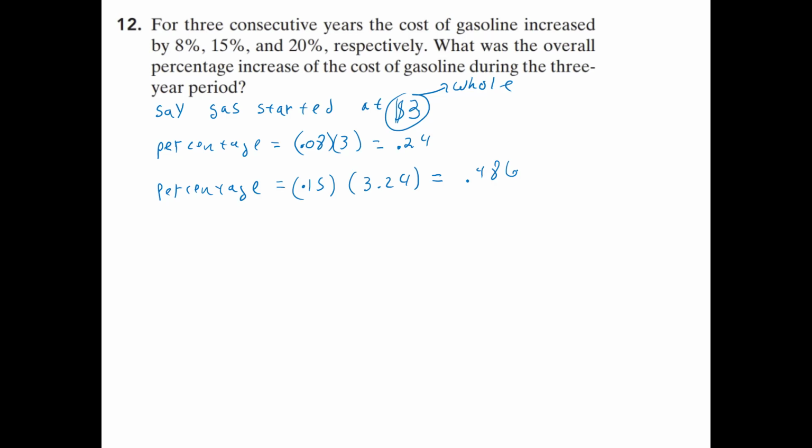And so since you used to have a cost of $3.24, and you just went up by 0.486, your new cost is 3.726. And so then for the third increase, it is still going to be the percent, 0.20, but now your whole is what the gas cost that year.